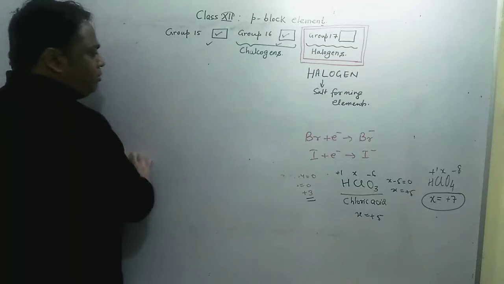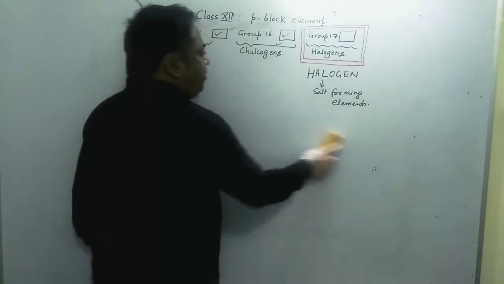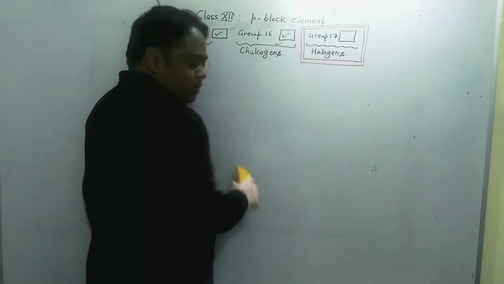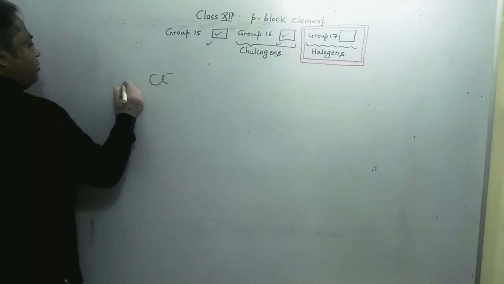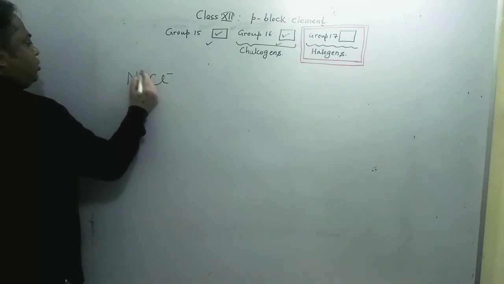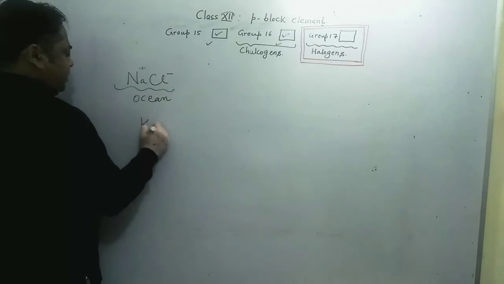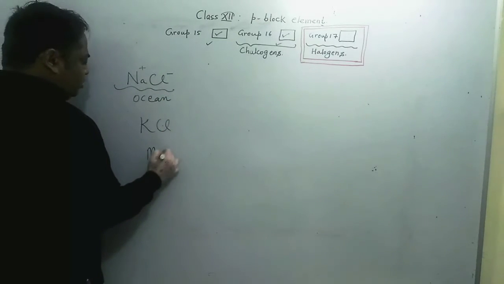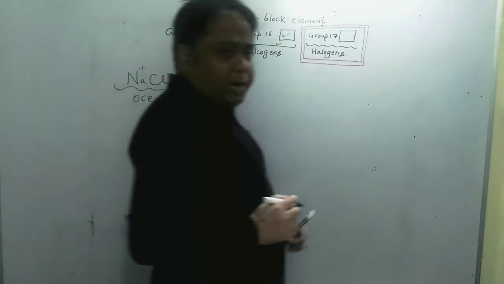Mostly we get chlorine from ocean, isn't it? From sodium chloride. Now when I say sodium chloride, what am I trying to say? I am saying that chloride ion is abundant as sodium chloride from ocean. It could be KCl also, it can be MgCl2 also. So these are the various sources of halide, that means chloride.